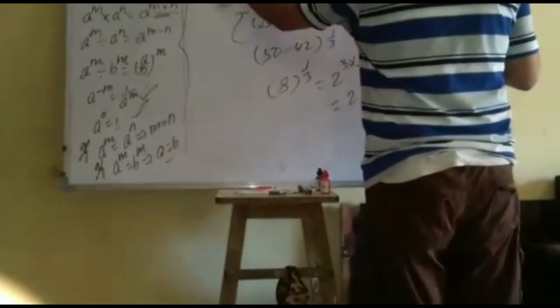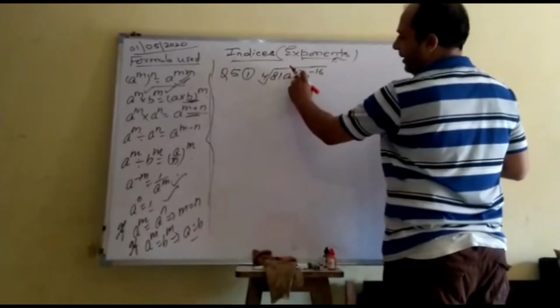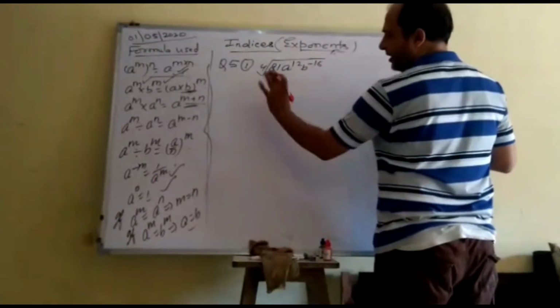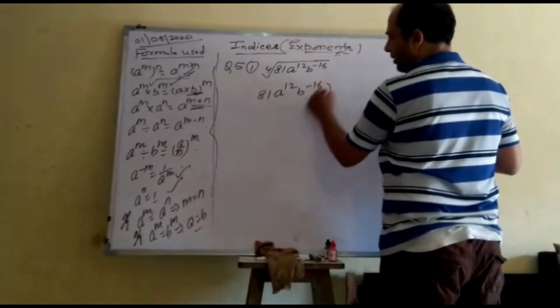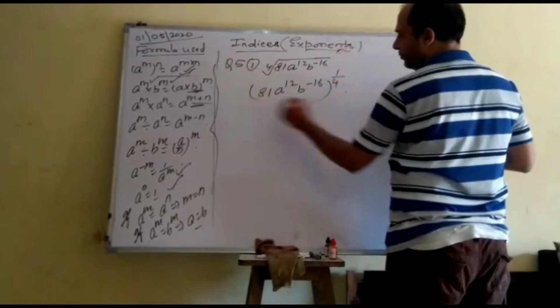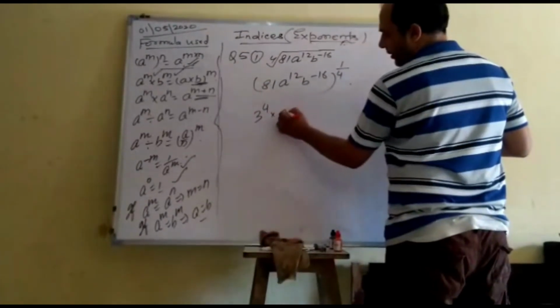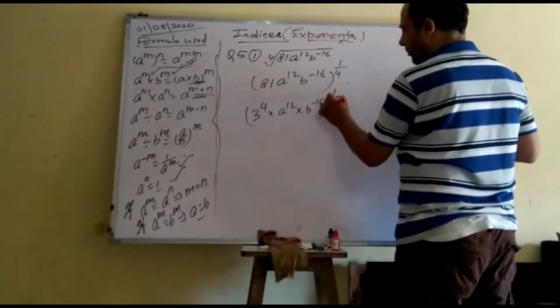Third part. Look here. The question was 4th root of 81 a raised to power 12 b raised to power minus 16. Nothing special you have to apply. First, do whole raised to power 1 by 4. Now (3 raised to power 4 into a raised to power 12 into b raised to power minus 16) whole raised to power 1 by 4.